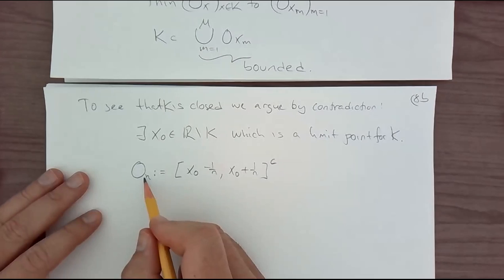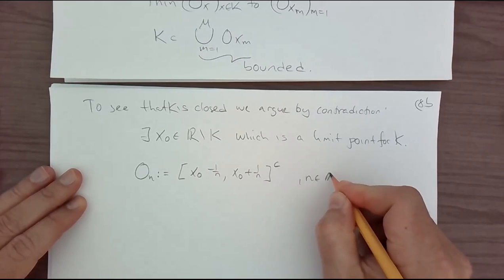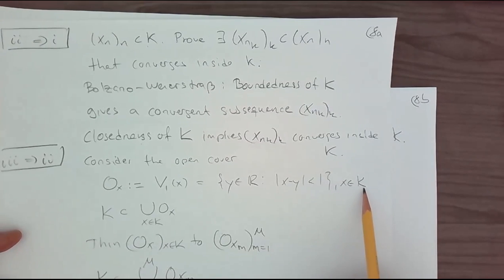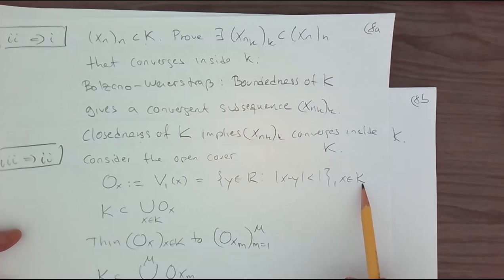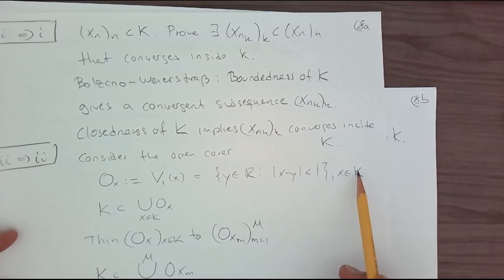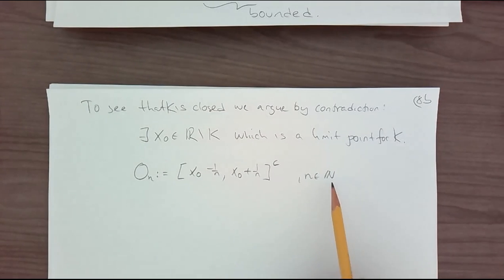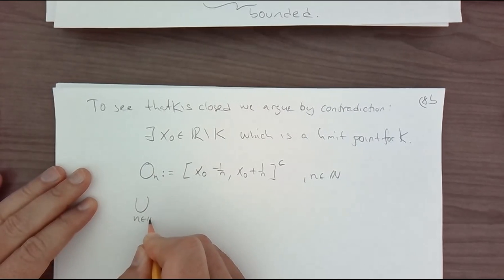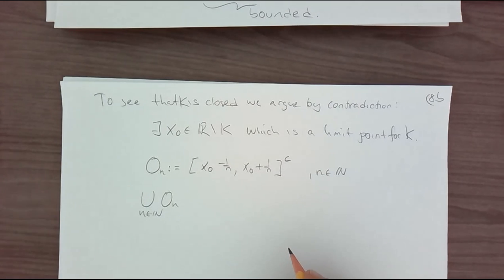And if I take the union of all these, what will I get? This n here is now running over the natural numbers. Before, K was a subset of the positive real line, so that was uncountable. Now we're back in a countable setting, if nothing else. If I take the union of all these open sets, it's not hard to see.